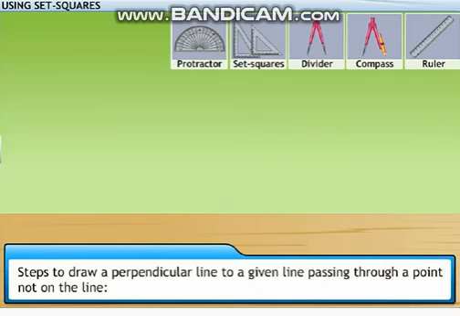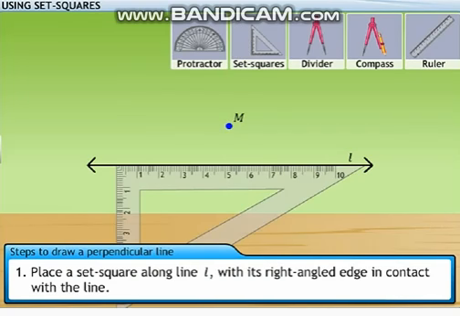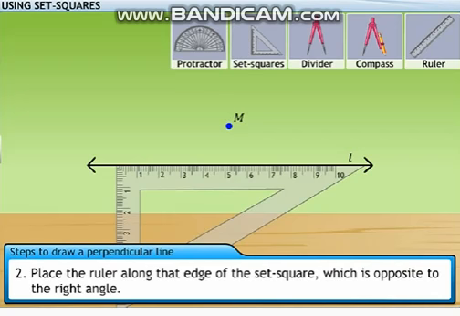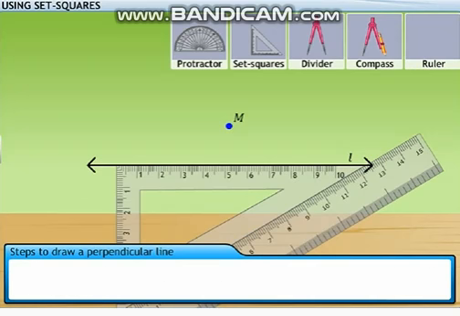In a similar way, we can draw a perpendicular line to a given line passing through a point not on the line. Here, L is a line and M is a point not on the line. First, let's place a set square along the line L with its right-angled edge in contact with the line. Next, place the ruler along that edge of the set square, which is opposite to the right angle, that is, the hypotenuse.